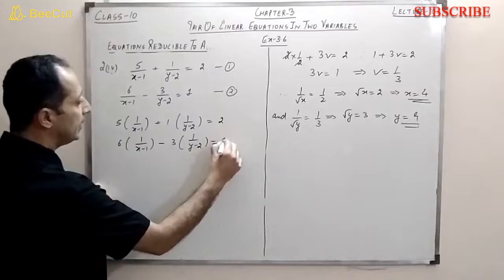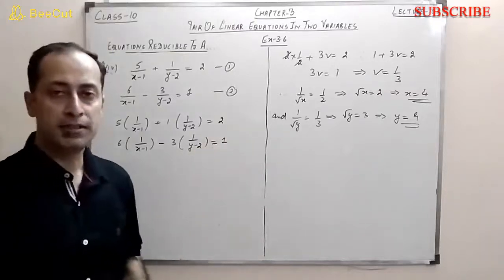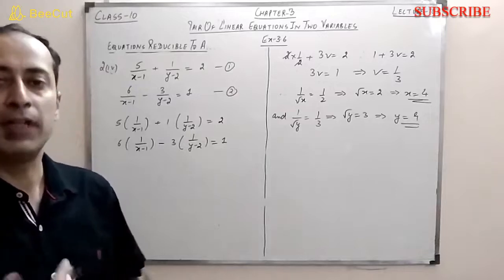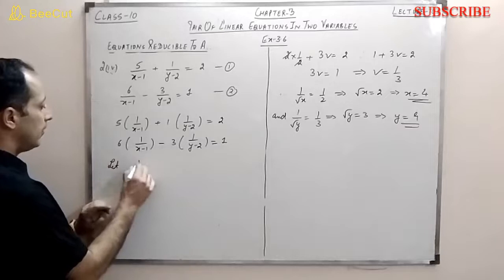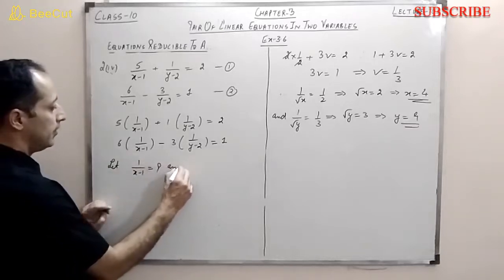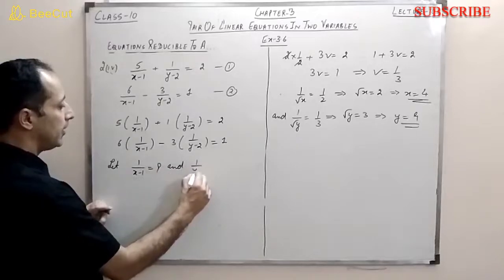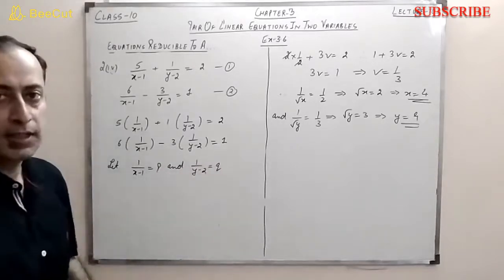Now we can see clearly that in both the equations the brackets are equal, so we can suppose them to be some variable, right? So let 1 upon x minus 1 equal p and 1 upon y minus 2 equal q. So these are the two things I suppose.